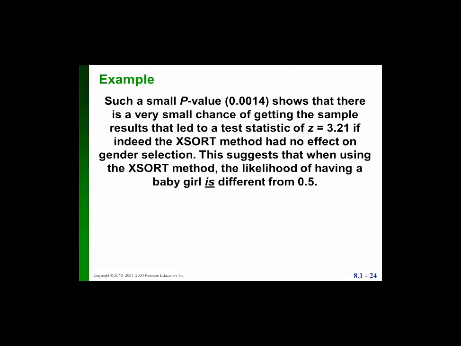That suggests that when using the XSort method, the likelihood of having a baby girl is different than 0.5. Remember, it was 93% girls? 93% girls is way more than 50% girls.